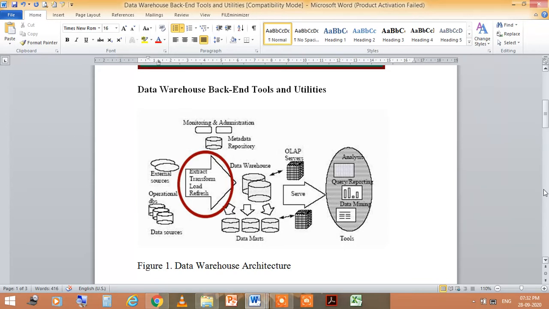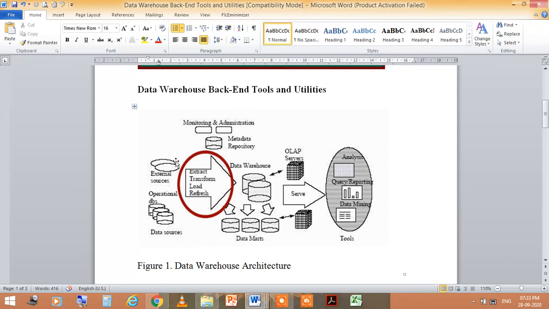So if you are talking about the backend tools and utilities of the data warehouse, then see this figure. This is the architecture of the data warehouse. It is categorized into basically three sections: the data sources, data marts, and the tools. As I told you, the data comes from different, heterogeneous sources, like external sources, operational databases, and other data sources.